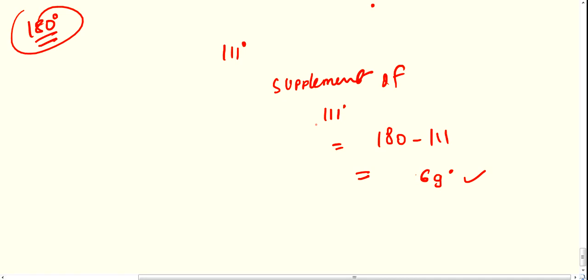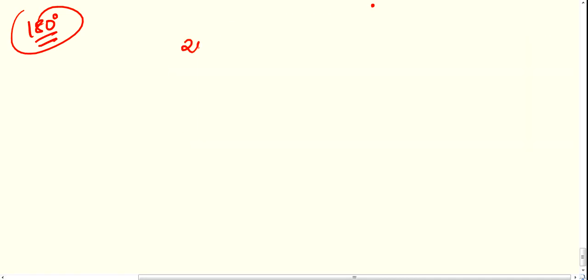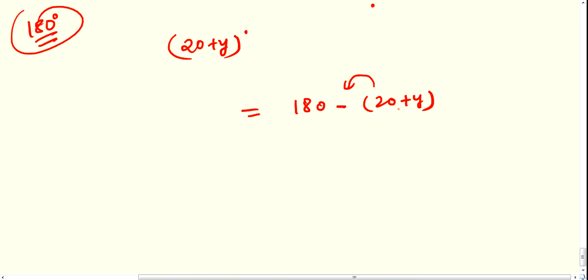The last question I am solving, which is 20 plus y. So the supplement of 20 plus y equals to 180 minus, in bracket, 20 plus y. Now before bracket we are having a negative sign, that means inside we will have a change in sign. So first we will write 180, then minus 20, then this minus and plus will give you minus y.